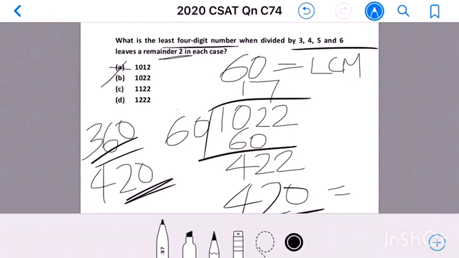Therefore option B, 1022, is our answer. That is the 4-digit number which when divided by 3, 4, 5 and 6 leaves a remainder 2 in each case. Here 1122 we won't get the remainder 2, and 1222 also, and these 2 numbers are more than this, therefore no need to check these 2 numbers.